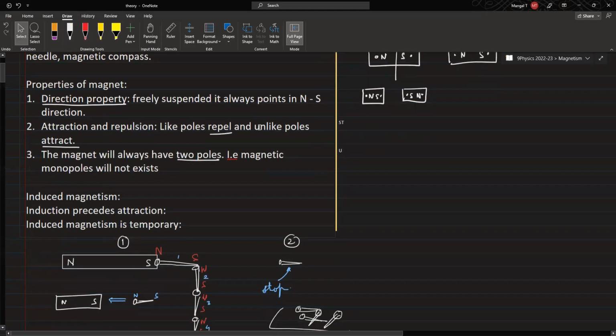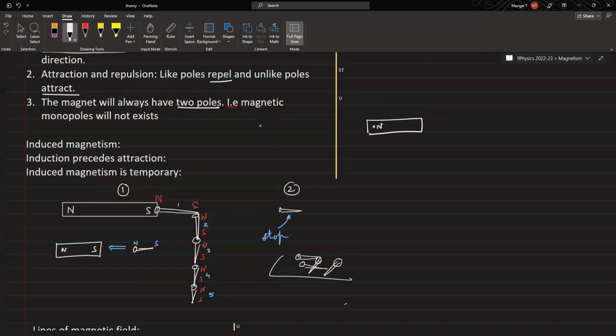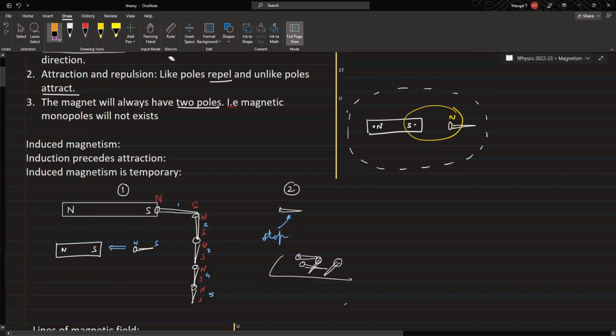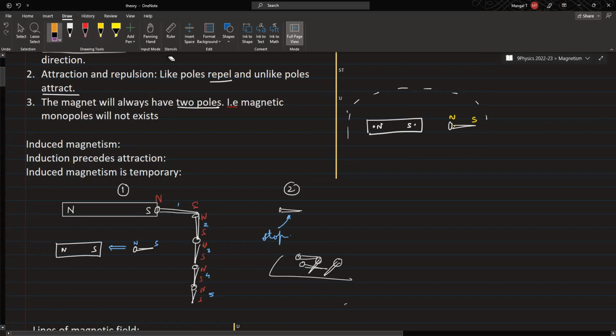The next point we will study is induced magnetism. Consider this experiment: if this is a bar magnet, which has a north and south pole, and an iron nail is closer to the magnet, then the nail is present in the magnetic field of the bar magnet. This magnetic field will induce magnetic property inside the nail. The nail acquires a pole of opposite nature on the side closer to the magnet, and a pole of similar nature on the side away from the magnet. Because the nail is in the magnetic field of the bar magnet, it has acquired magnetic property.